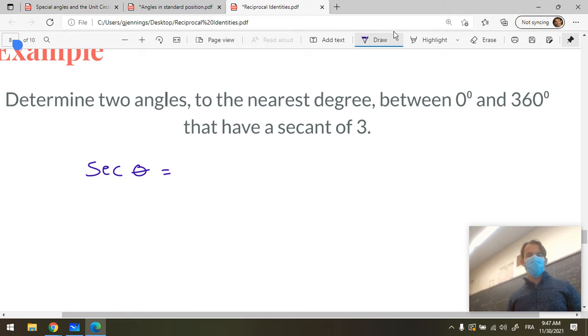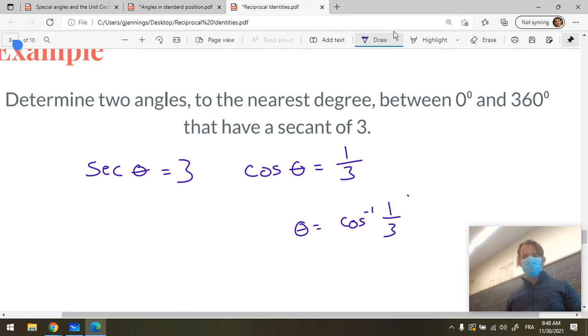That's our unknown. It's equal to 3. So I know that cosine of theta will be equal to what? 1 over 3. So now I can calculate theta by taking the inverse cosine of both sides. This is what you will punch on your calculator to find this.